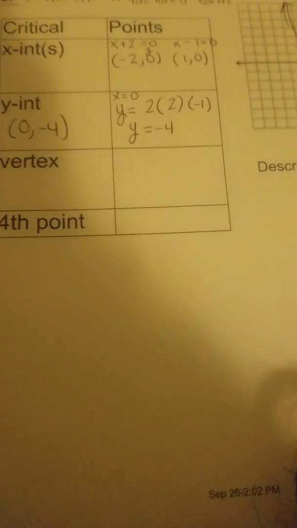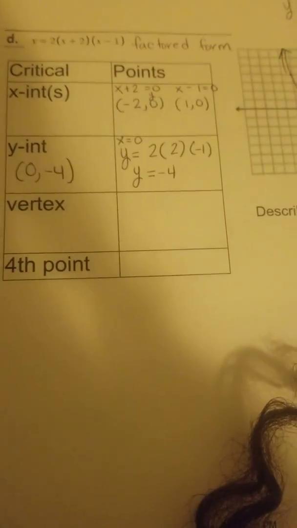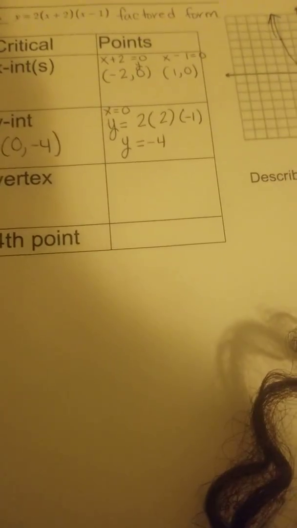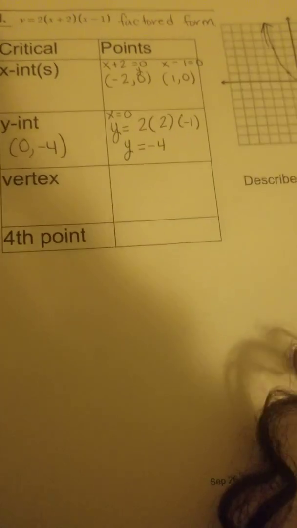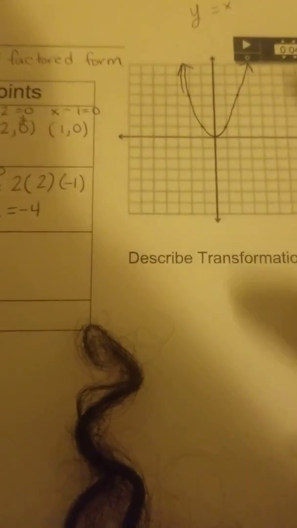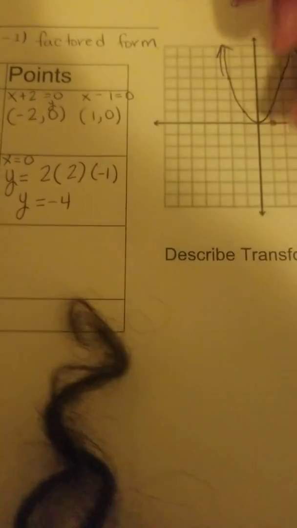Well, to find the vertex, I am going to plot my points because I'm going to use my x-intercepts to help me find my AOS, and then after I find my AOS, I can find my complete vertex. So I'm going to move over to my paper with my graph. I'm going to plot the point 1, 0 and -2, 0.